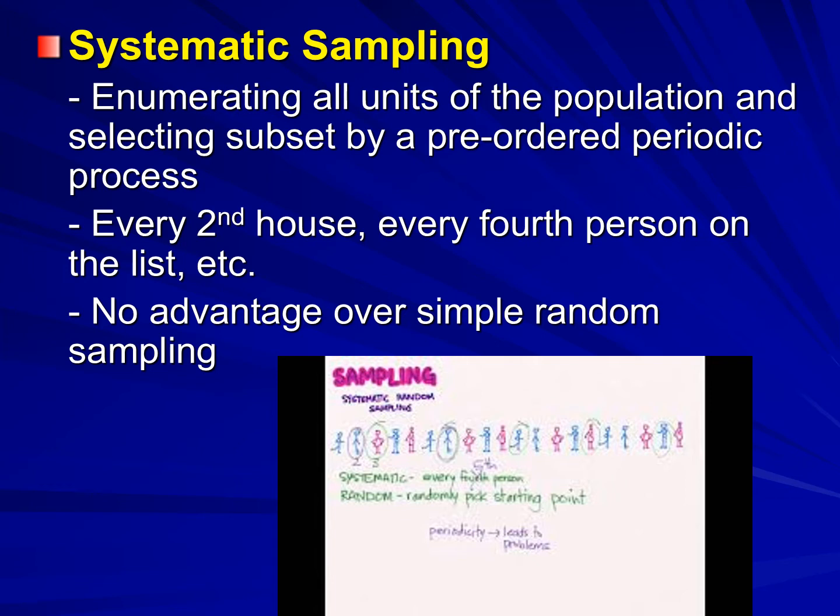Systematic random sampling enumerates all units of the population and selects a subset by a pre-ordered periodic process. As I said, the first sample will be selected randomly, and after that we have to select every second house, every fourth person in the list.